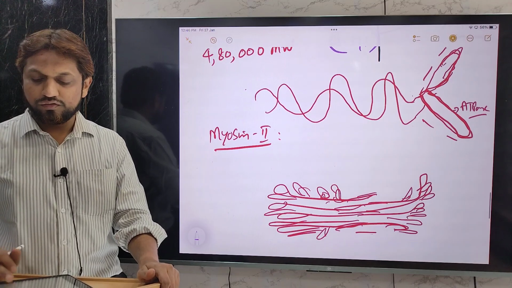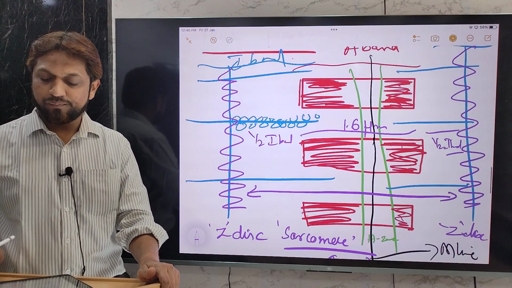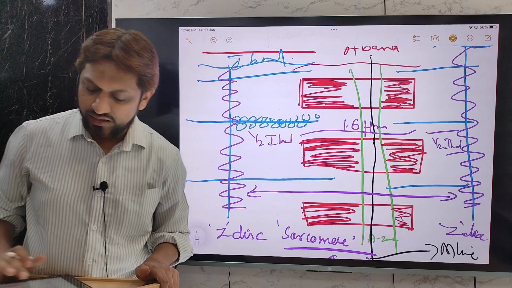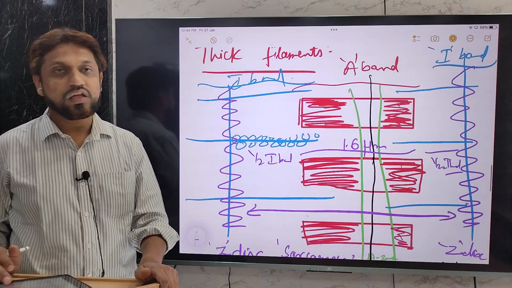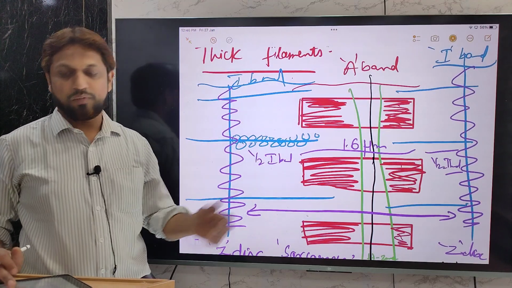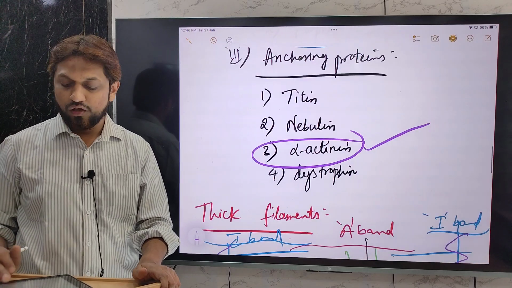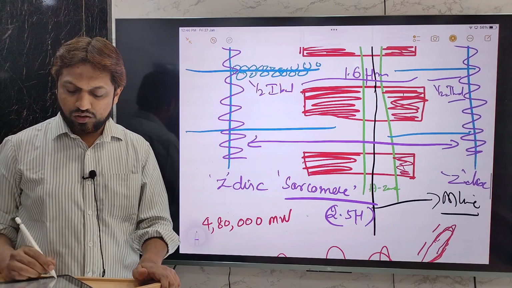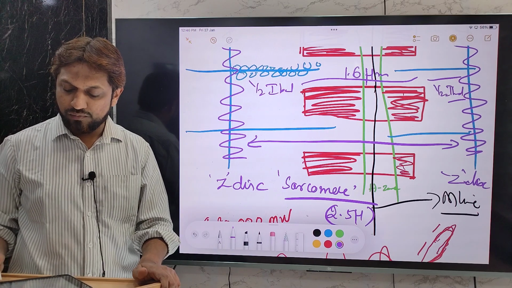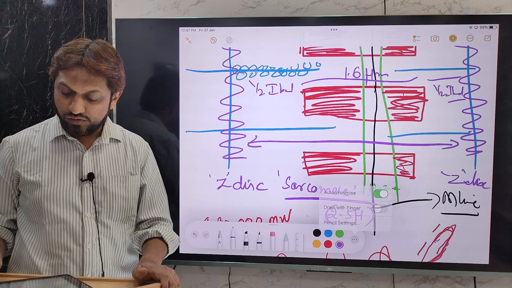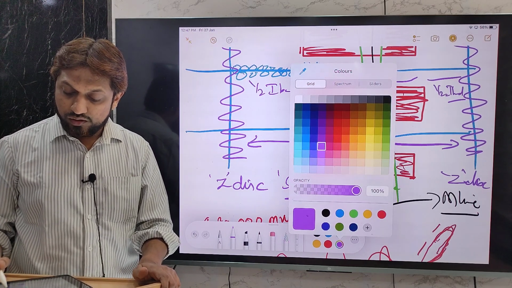So this is all about the sarcomere, the light and dark bands, and the thick and thin filaments. Now there are certain anchoring proteins like titin, nebulin and dystrophin. Where exactly are these proteins present in a myofibril?